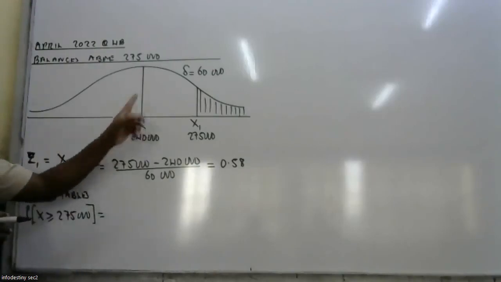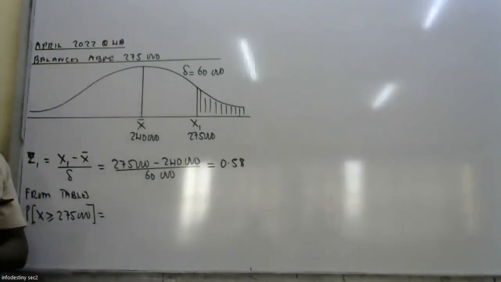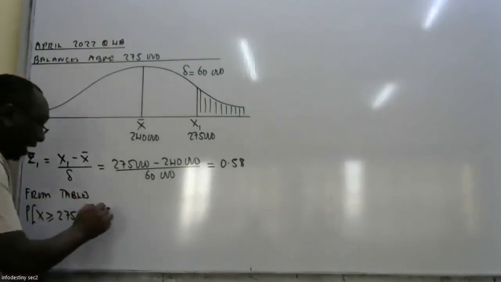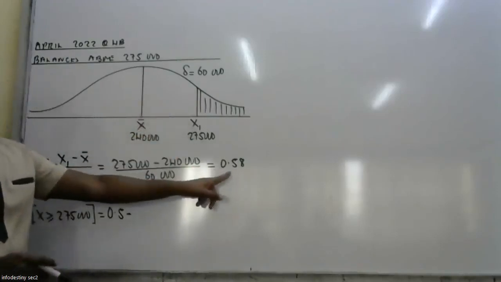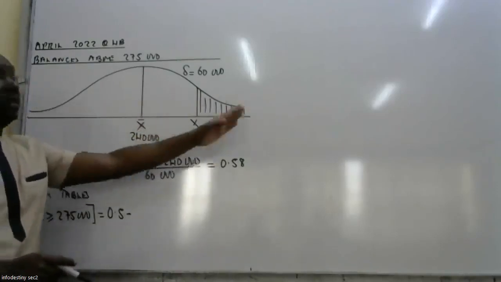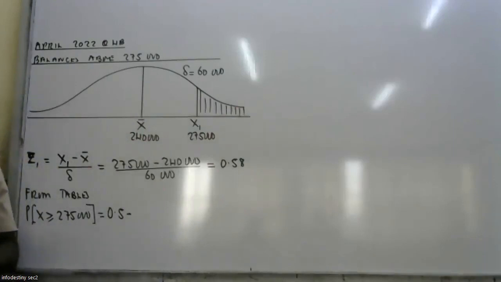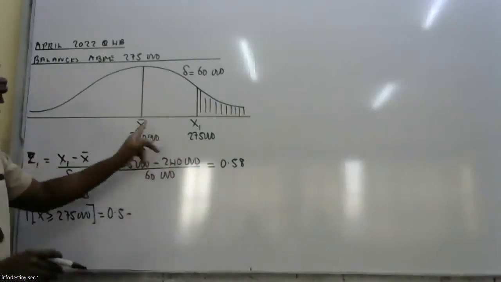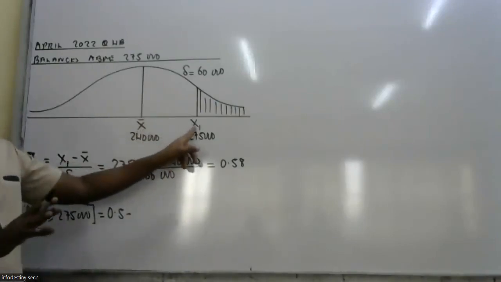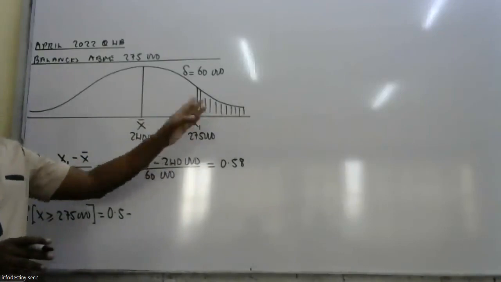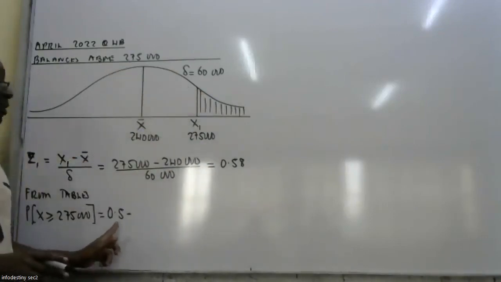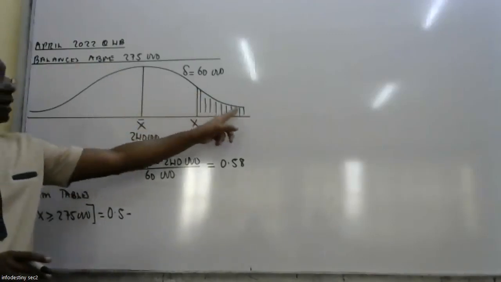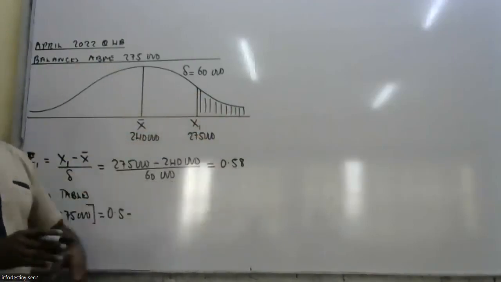We know from here mpaka wherever mwisho ni, so it will be 0.5. Tutoe hii, ndio tuachiwe hii. Because hii itatusaidia kutoka hapa mpaka hapa. But that's not what we want. Tunataka hii hii. But tunajua kutoka hapa mpaka huko mwisho ni 0.5. So you must take 0.5, utoe hii na ubaki na hii. So sasa enda kwa table unisomee.